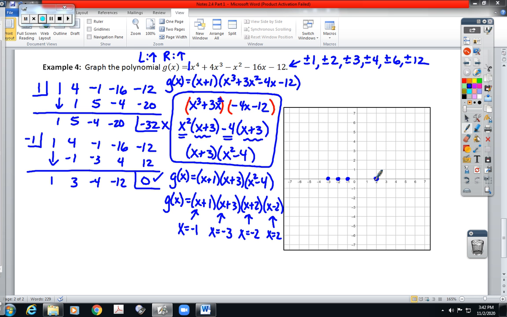Okay, so it comes in high, passes through negative 3, through negative 2, through negative 1, through 2, back up and off the graph, and we are done. That does it for our notes on this section. Hopefully we can use these to get that assignment started. Thank you for your time.